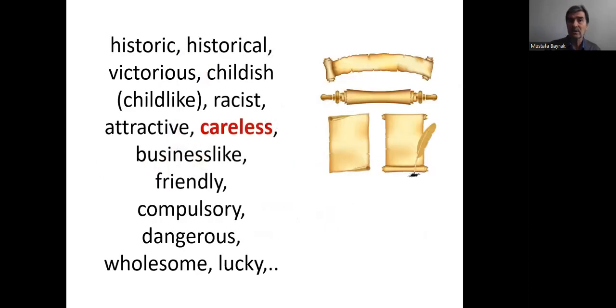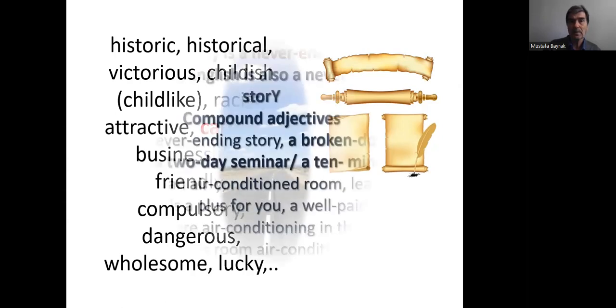Historic, historical, victorious, childish, childlike, racist, attractive, quite attractive, very attractive, so attractive, etc. For example, this picture is very attractive, but that picture is so attractive. It's careless, businesslike, friendly, compulsory, dangerous, wholesome, lucky.